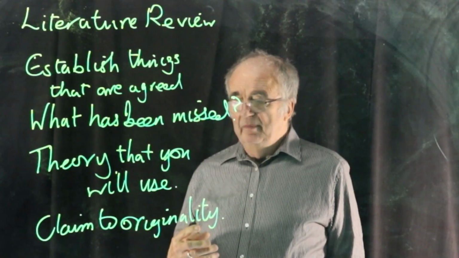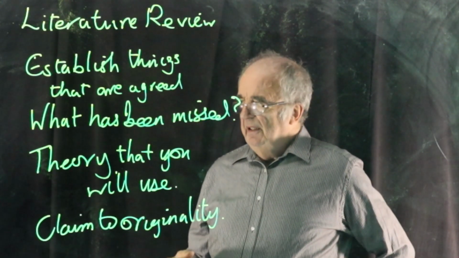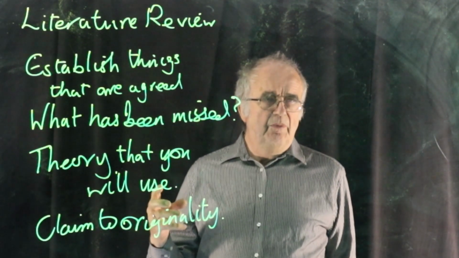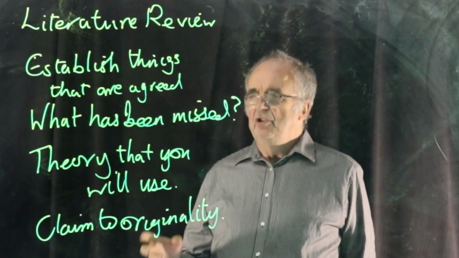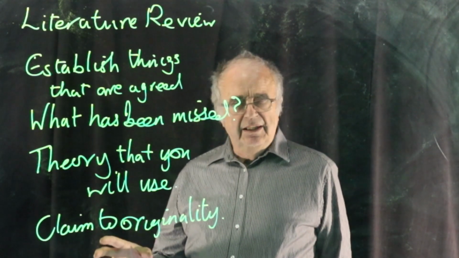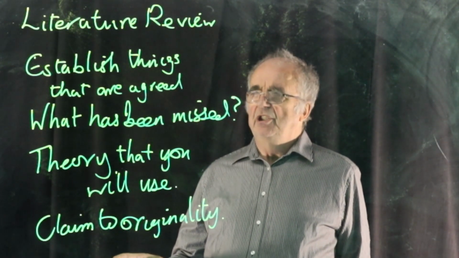Also early on, once you've settled what your problem is, what issue you're approaching, it'll help you select the theory that you're going to use. And at the end of your research, you'll come back to the literature and make a claim to originality, and that also will need to be based upon the literature.